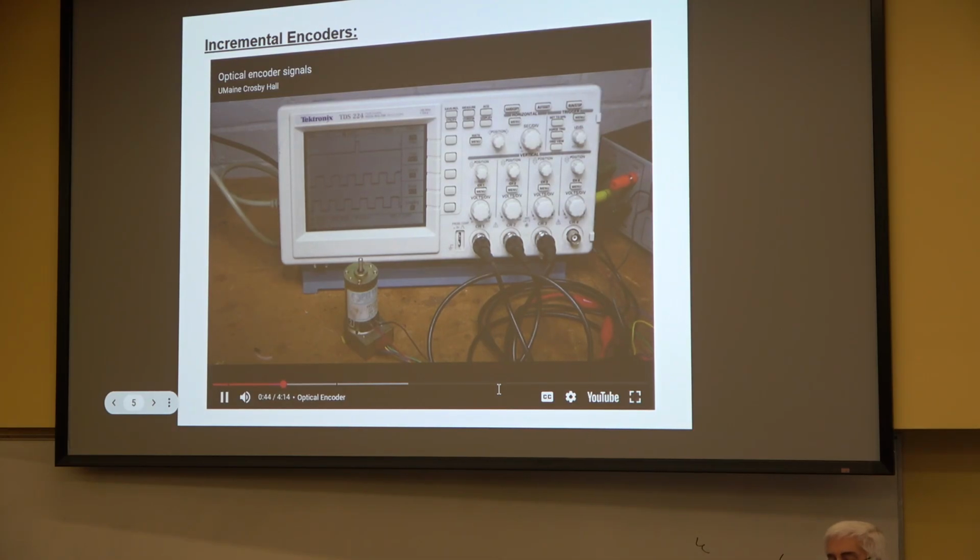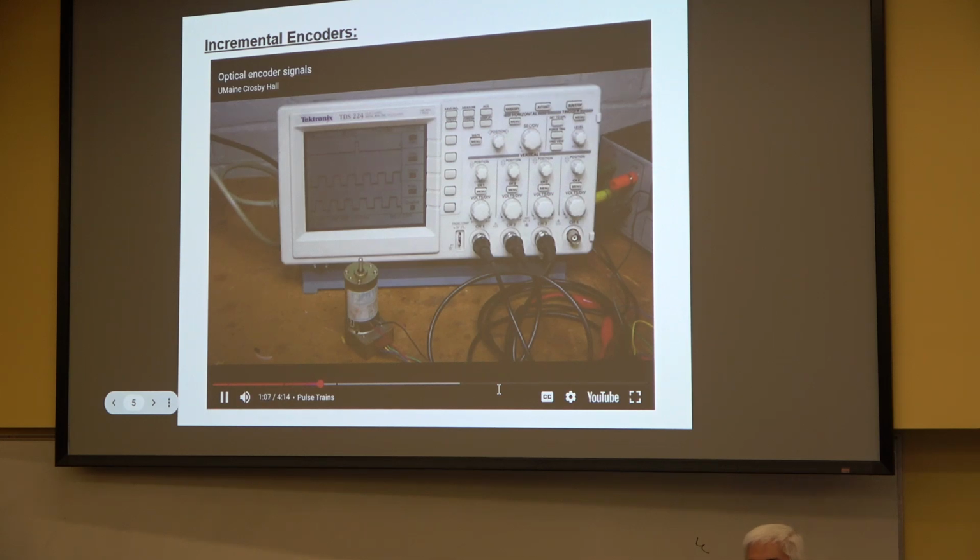So you'll notice that there are 3 pulse trains. The first one is called the sync pulse, or the home pulse. That pulse occurs once per revolution of the motor shaft. Below that are the phase A and phase B encoder pulses.